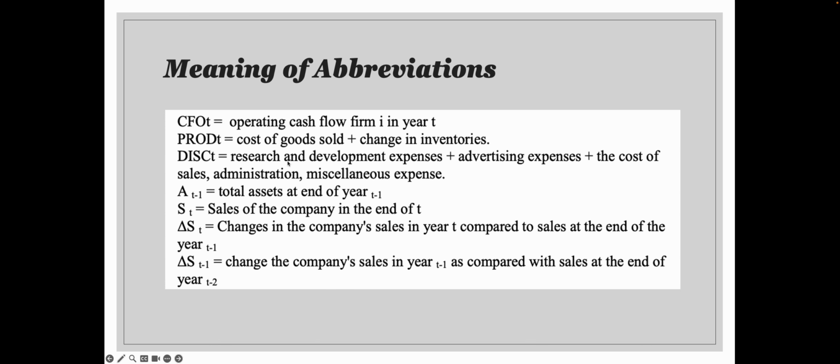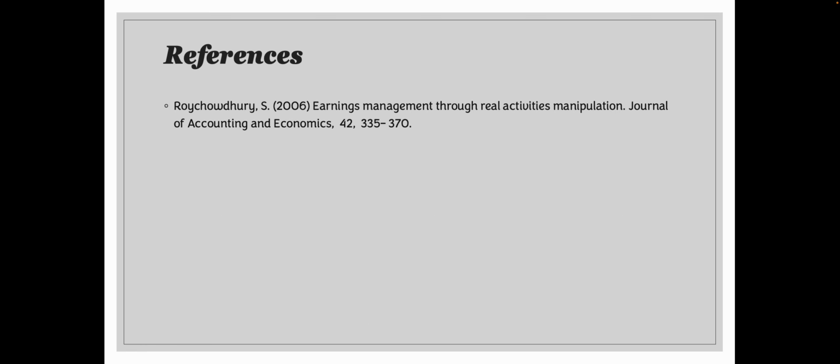This abbreviation for the DST is based on the US. But if you are in a UK or IFRS, International Financial Reporting Standards, adopted country, make sure you define and state that this is your discretionary expenses. And this is the reference, Rahul Chaudhary.